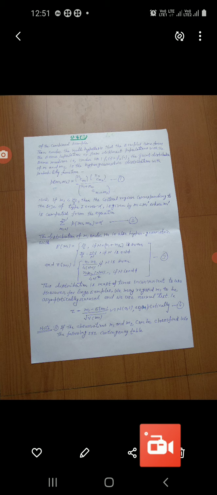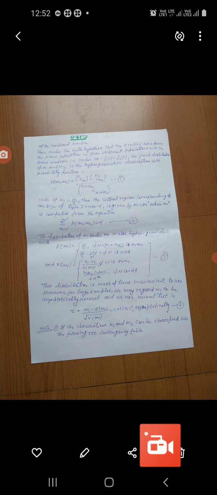This distribution is most of the time inconvenient to use. However, for large samples we may regard M1 to be asymptotically normal, and we use the normal test.